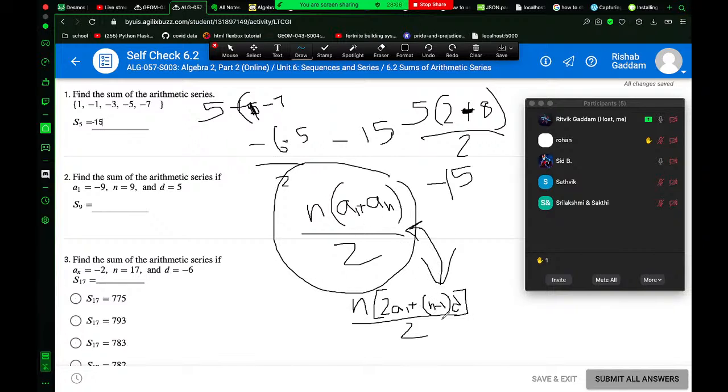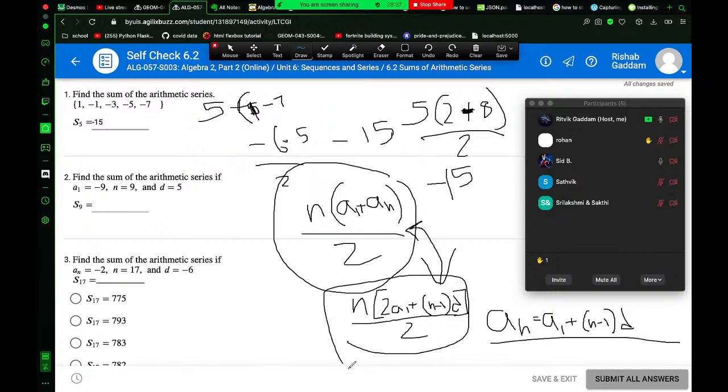This formula is a little bit more complex, but even though it is more complex, it is easier to remember, because if you already memorized the nth term one, a(n) is equal to a1 plus n minus 1 times d, then this should be even easier to remember.